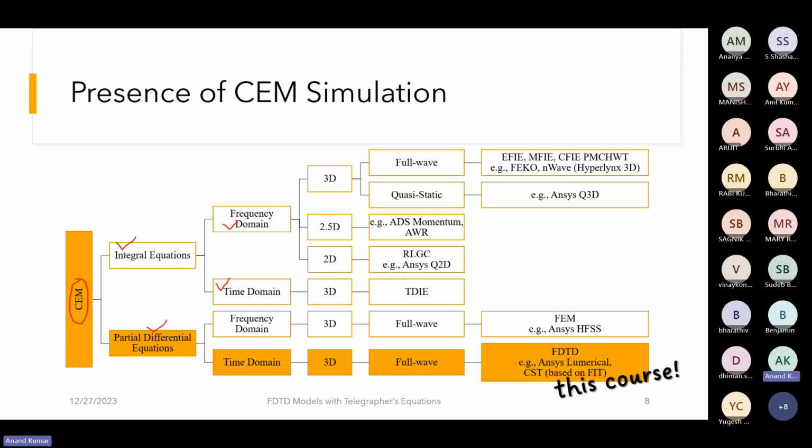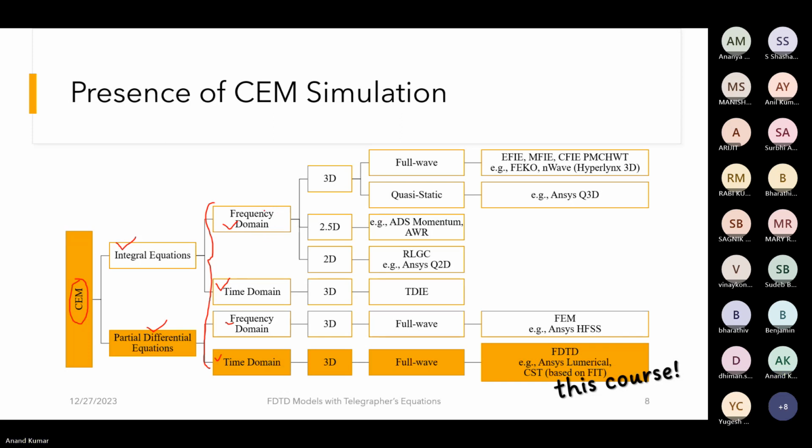You can solve the integral form in frequency domain or time domain, and also solve the differential form in frequency domain or time domain. Hence you end up with these four combinations: integral equations in frequency domain, integral equations in time domain, differential equations in frequency domain, and differential equations in time domain. These are the broad categories of how we write the computational electromagnetic solvers.